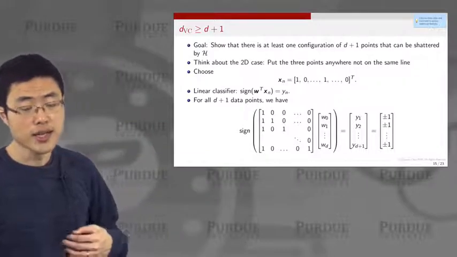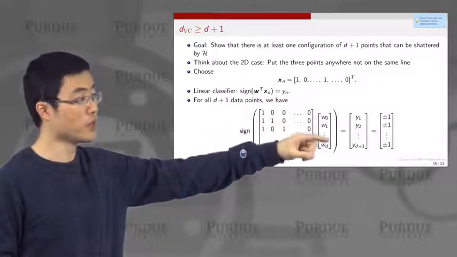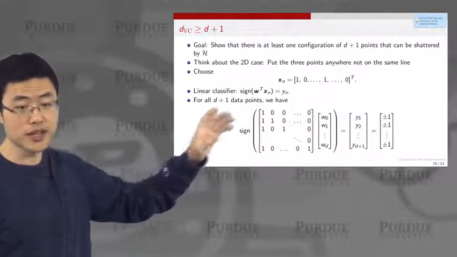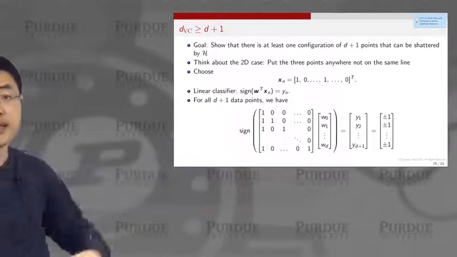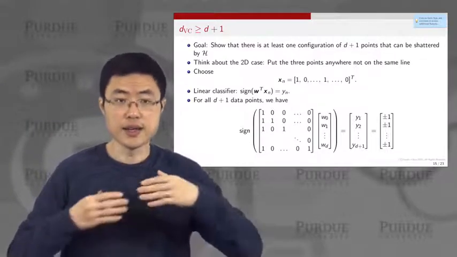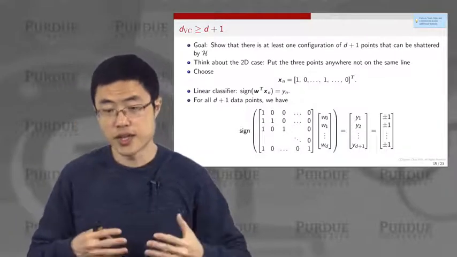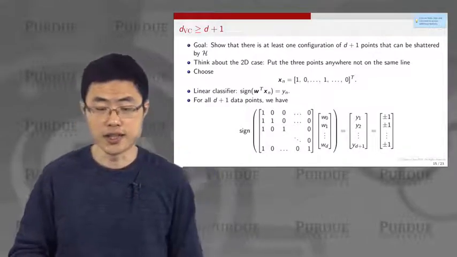So we ask if we can ever come up with the W0, W1 all the way to WD. These are the variables. If I can ever solve this problem, then I am able to generate a linear classifier from this perceptron algorithm such that I can shatter all these D+1 data points.